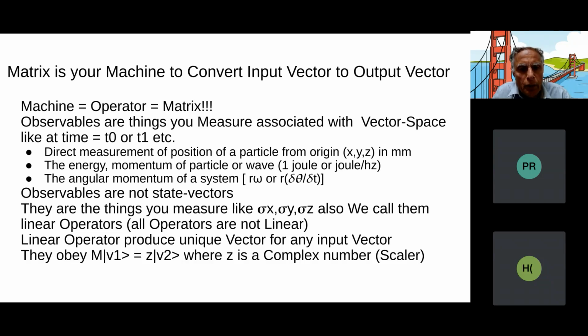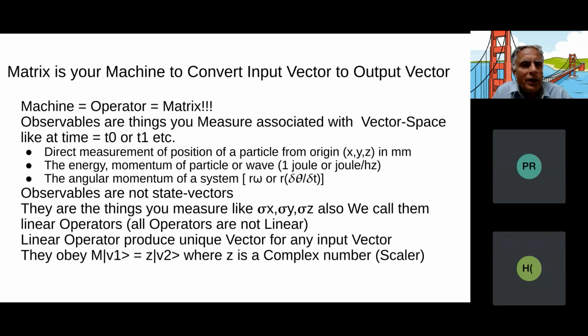We are restricting in quantum to a value which is a scalar. So if we have a matrix M, or a machine M, and a vector V1, and by cranking that matrix or machine we produce another vector V2, which is a complex scalar multiple of vector V1, then we call it ZV2. That means we cranked a machine or matrix on a vector V1 and produced a complex scalar multiple vector, which is what we are looking for.